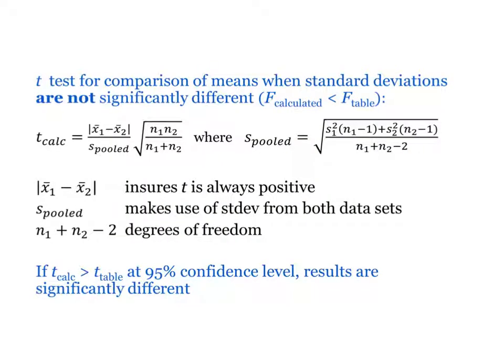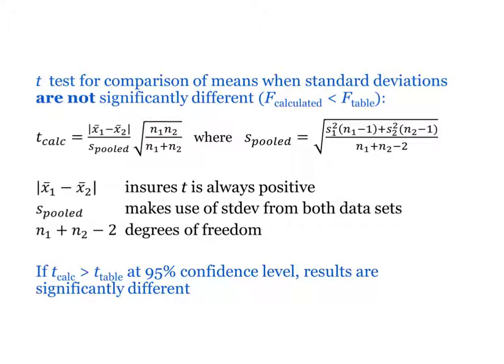When the f-test shows that the standard deviations are not statistically different, we use t equals the absolute value of the difference between the 2 means of the data sets divided by the pooled standard deviations from the data sets and multiplied by the square root of the product of n1 and n2 divided by the sum of n1 and n2.